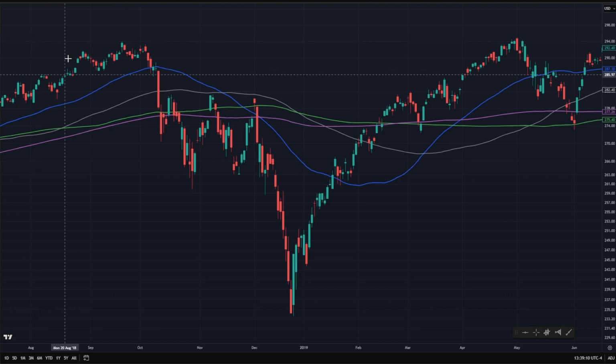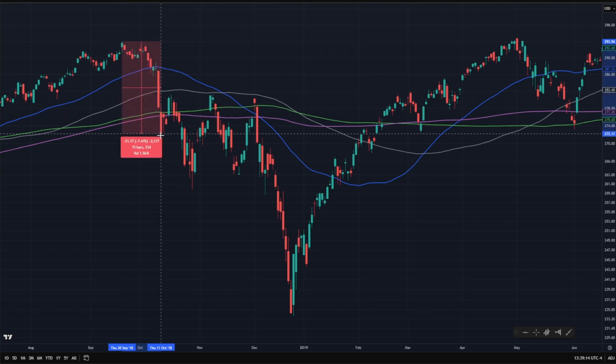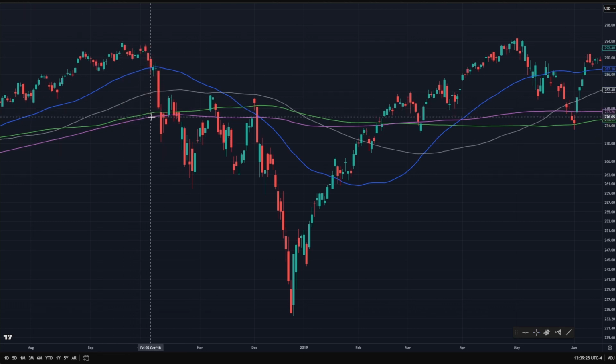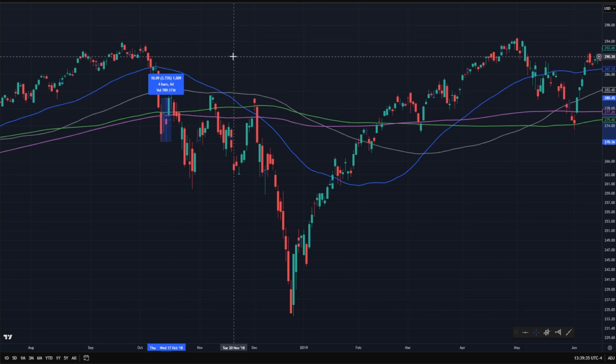So in this one, from the all-time highs, we dropped a total of 7% in 15 bars, 21 days. So after this drop, the market bounced up to around the 100-day moving average for about 4 bars or 6 days for a 3.7% bounce.